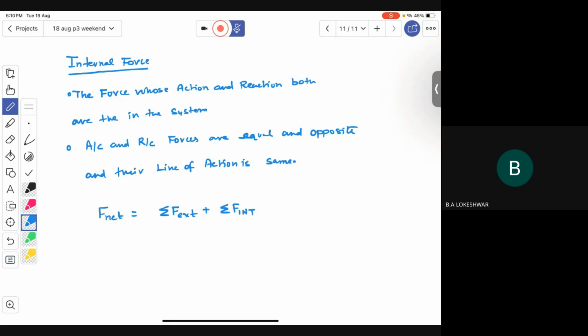So now tell me, if I add internal forces, what will I end up adding? I will end up adding action-reaction pairs, and the sum of every such pair will add up to 0. So the sum of total internal force will always be 0, no? So this is the net external force.